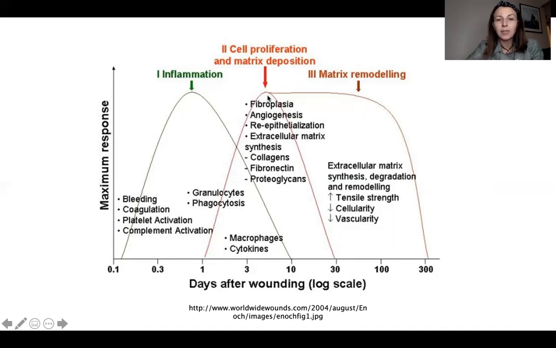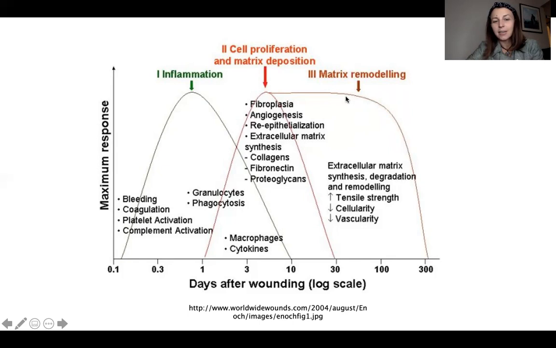And at that height, we have the beginning of the synthesis, the reepithelialization, and the deposition of the network of fibers to rebuild. And the remodeling finishes off in the third phase of maturation. So once all that scaffolding is there, it finishes off in that way. So look, 300 days after.